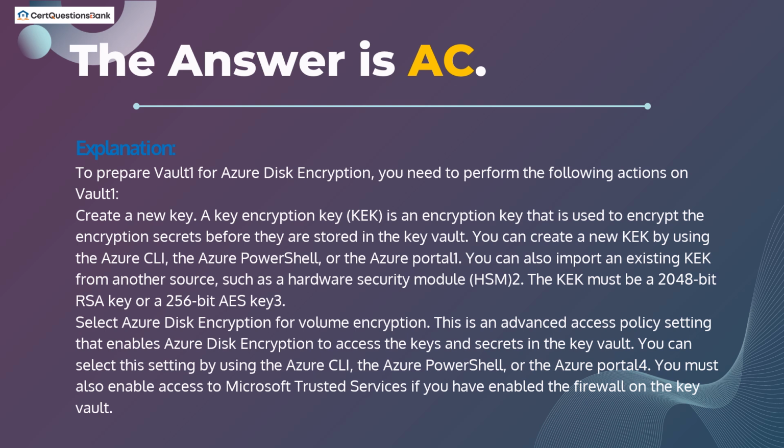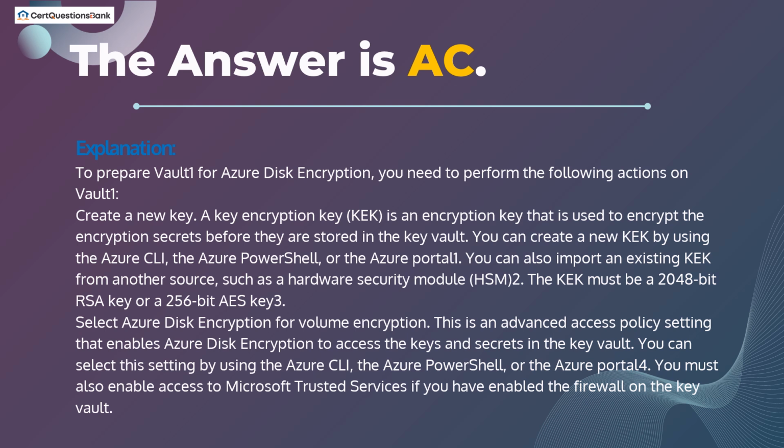You can create a new KEK by using the Azure CLI, Azure PowerShell, or the Azure Portal. You can also import an existing KEK from another source, such as a hardware security module, HSM. The KEK must be a 2048-bit RSA key or a 256-bit AES key.